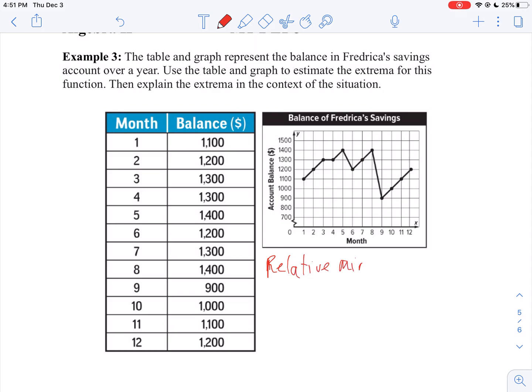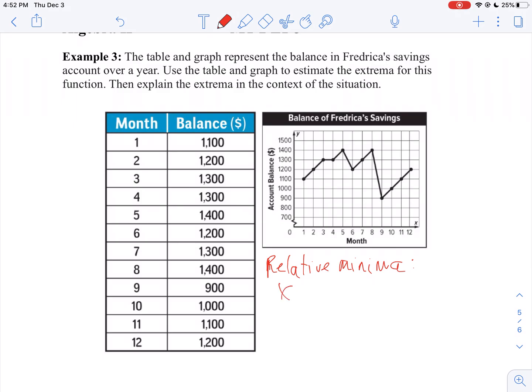So I'm looking at the parts of my graph where the graph is the lowest part in its neighborhood. And you might think at x equals 4, but notice to the left that's not lower. That's the same. So I would say when x equals 6, that'd be like June, right?